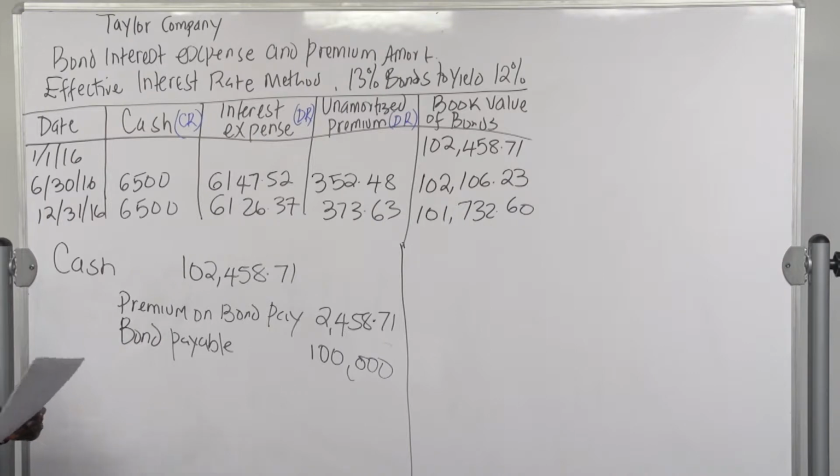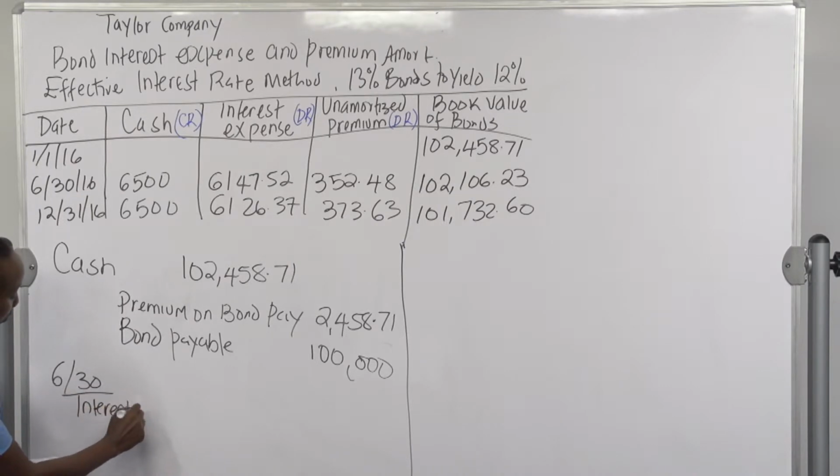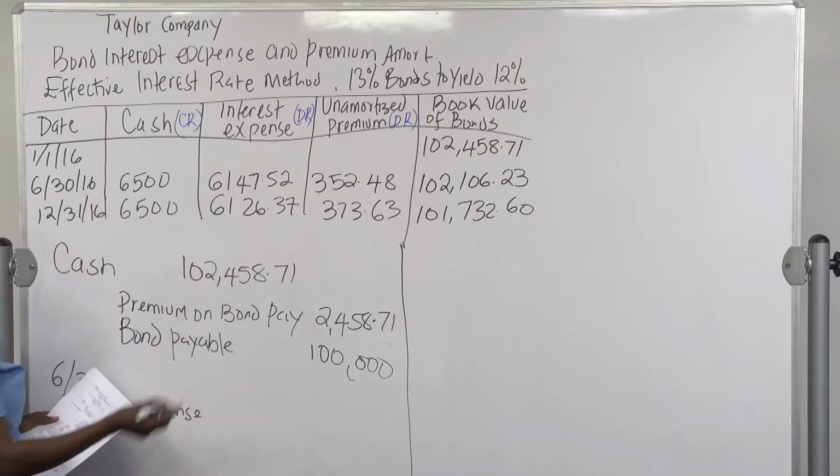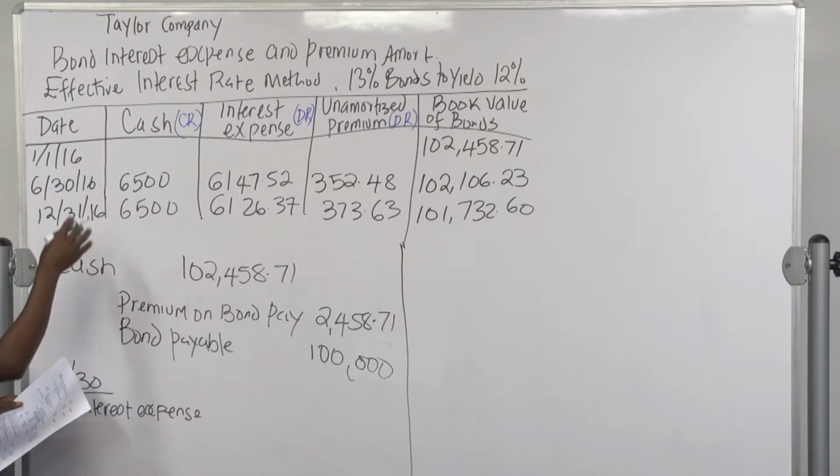Next, we are required to do the 2016 semi-annual interest payment and premium amortization, so June 30th, and then December 31st. On June 30th, we have interest expense, which we already completed in the table, so this is easy.